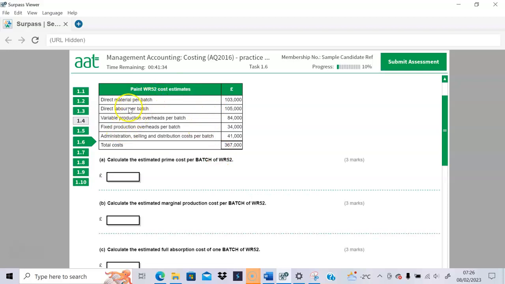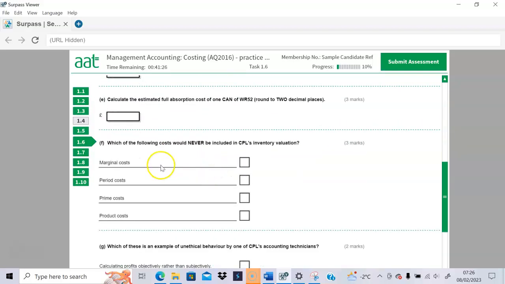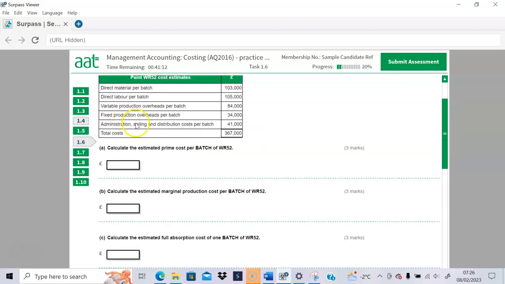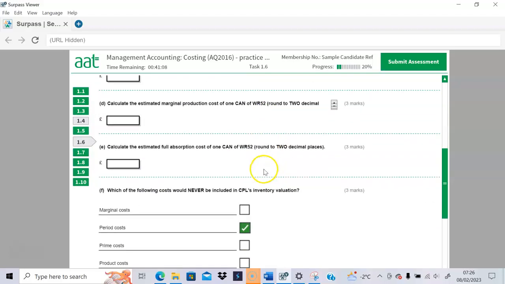So all these first four costs are in the inventory, in the warehouse. This very last one, administration, will not. So administration, selling, and distribution are referred to as period costs, right?